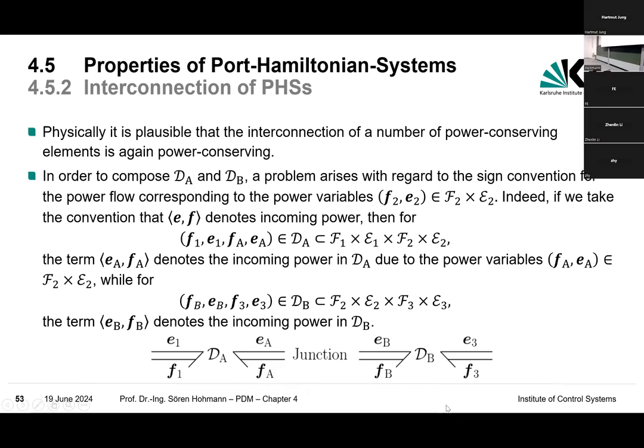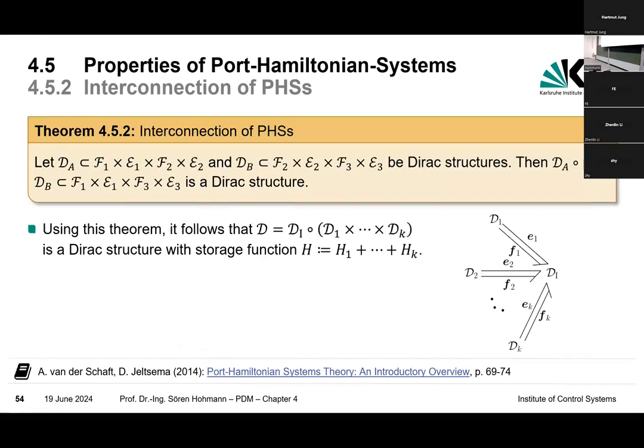The interesting fact is that the interconnection of PHS again gives a PHS. That's the wonderful fact. And the main ingredient is that you have to look at the different Dirac structures and see that again a Dirac structure results. For an engineer it sounds clear, because you have one Dirac structure, another Dirac structure, and you put a junction in between.